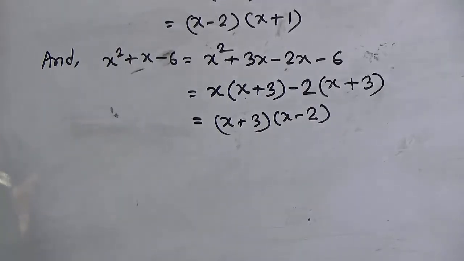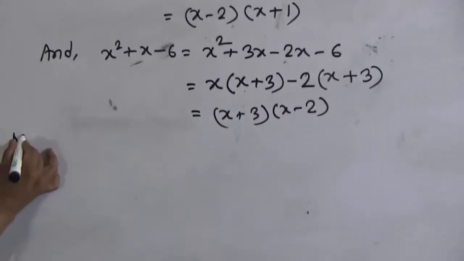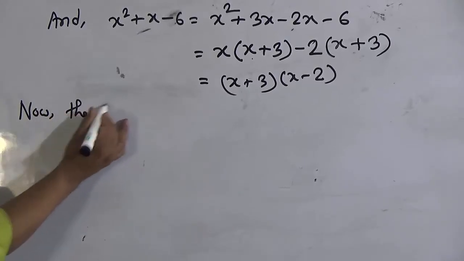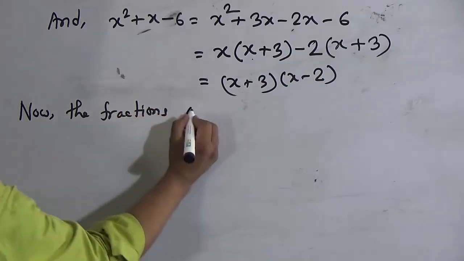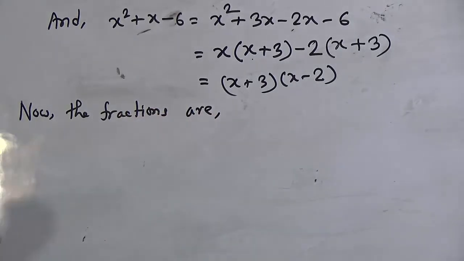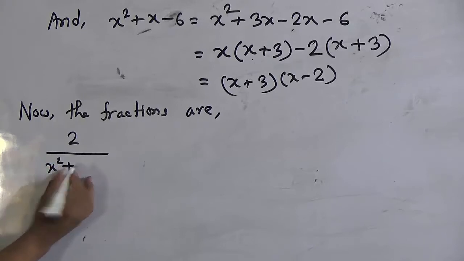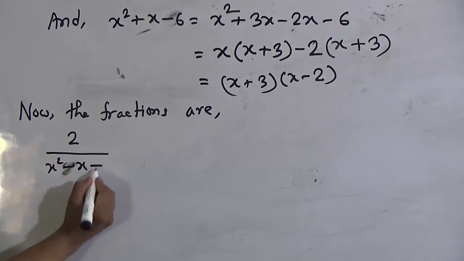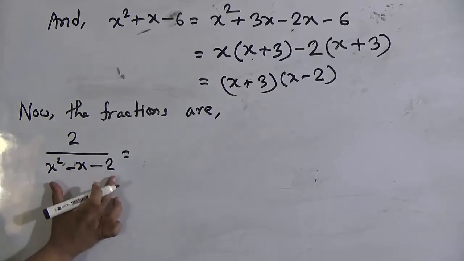So what do the fractions become? Now the fractions are, my dear students, 2 divided by x square minus x minus 2 is equal to, we have already factorized this one.